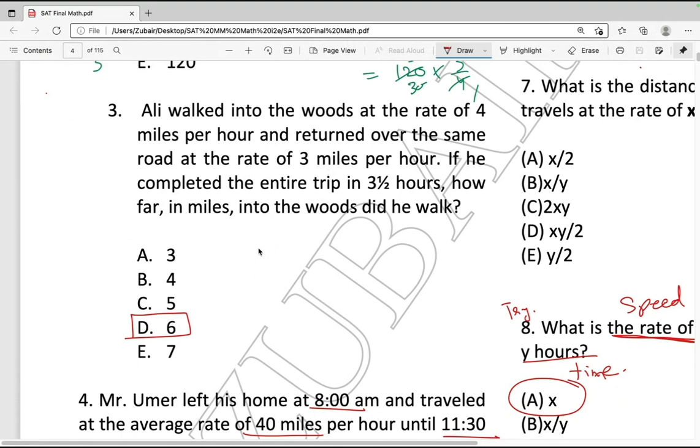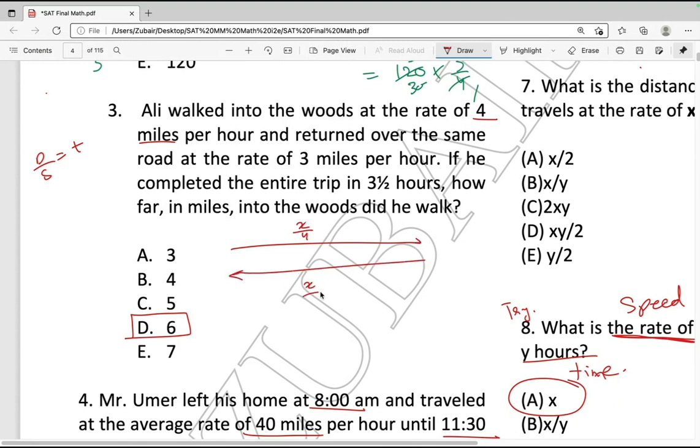My approach to this question is always a sketch. It works for me. Ali walked into the woods at a rate of 4 miles per hour. The distance is unknown. So basically, time is equal to distance over speed. So distance is unknown divided by speed, and then he returns over the same road.